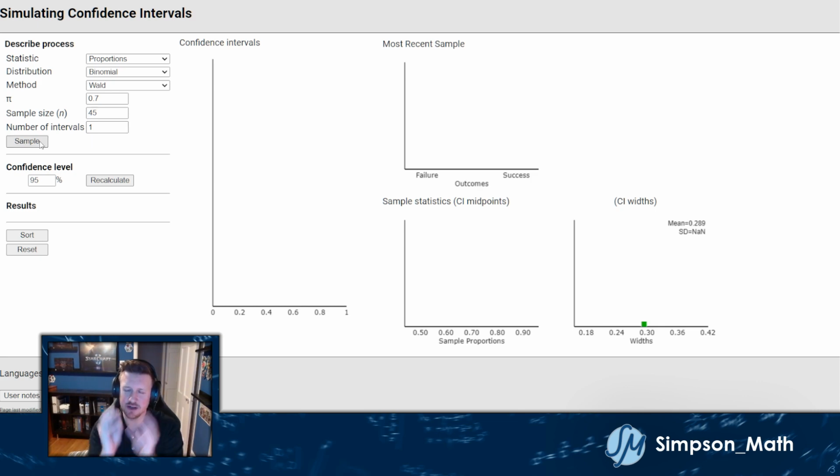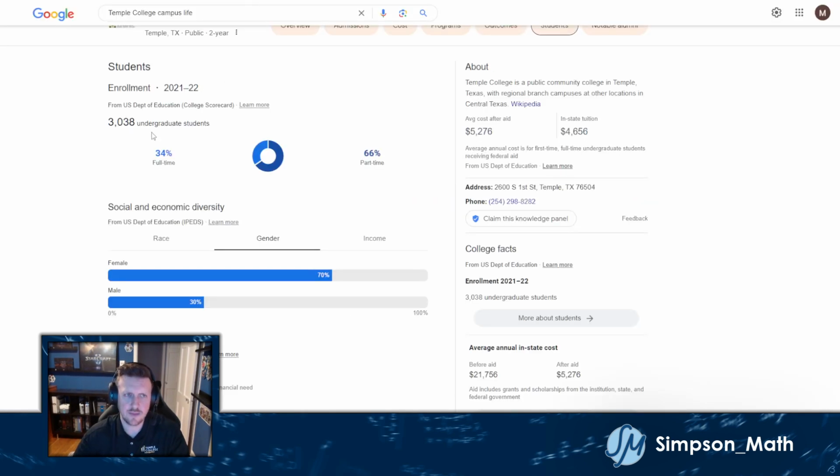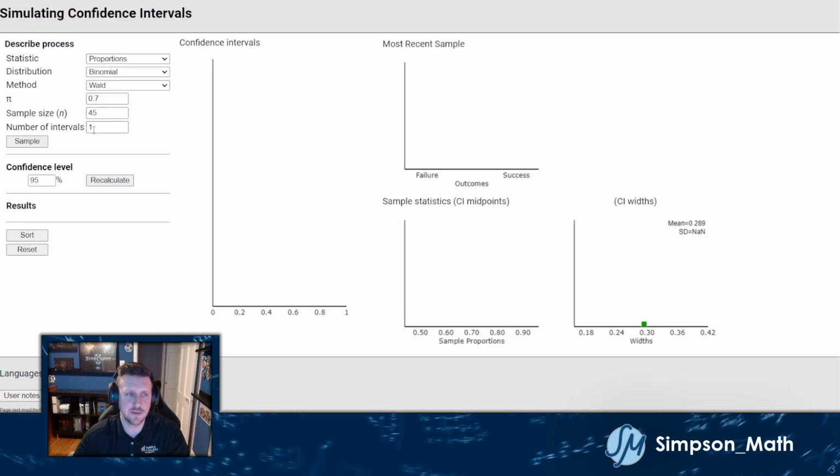Now, this is a weird thing, because when you're doing confidence intervals, I wouldn't do a confidence interval for something I know the truth of. Let's say you didn't have access to that data. So we're simulating things that we know. We know it's 70%, but maybe we see evidence that it's changed, because that was back in like 2021.